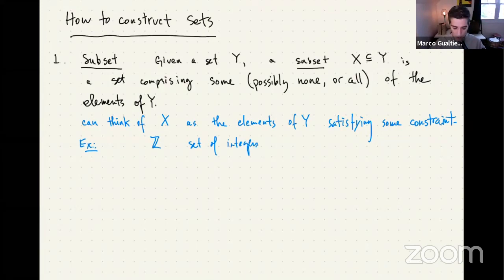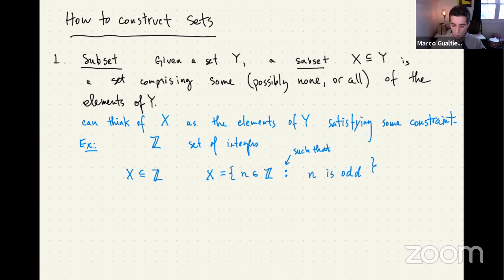And we can have a subset of Z where X is defined to be the set of all elements of the integers such that the following constraint holds. So n is odd. Okay, so this would be the set of odd integers.